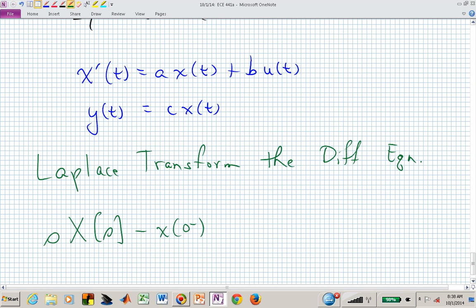That's now the Laplace transform of the left-hand side, which is the derivative of our state variable x. Again, capital X is a scalar, so we can be dividing and multiplying and doing all sorts of fun things with this scalar, not worrying about whether things commute. What happens when I Laplace transform the right-hand side?